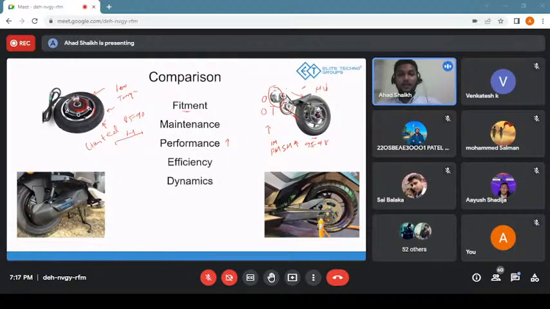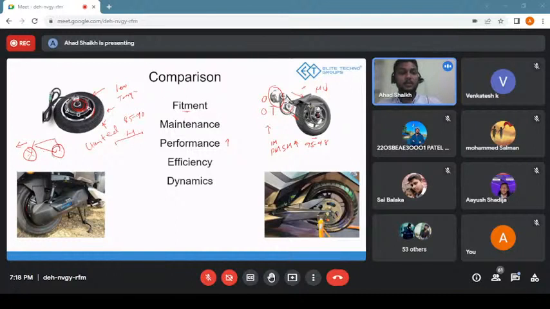Then comes a very important aspect, dynamics, which affects the ride quality. Dynamics is about how the vehicle behaves when it is moving. When you install a hub motor in a vehicle, it imbalances the overall vehicle dynamics. In the front wheel, if this is the front direction, and I'm just drawing it as a bicycle, there is no weight here, just wheel spokes or an alloy wheel.